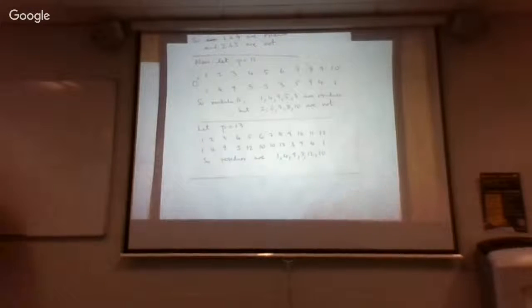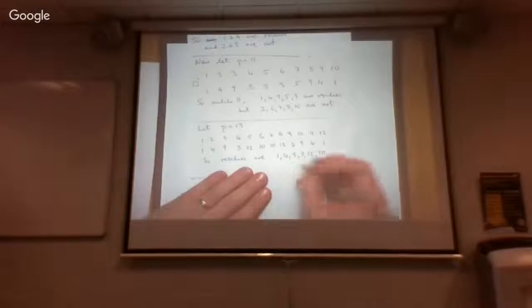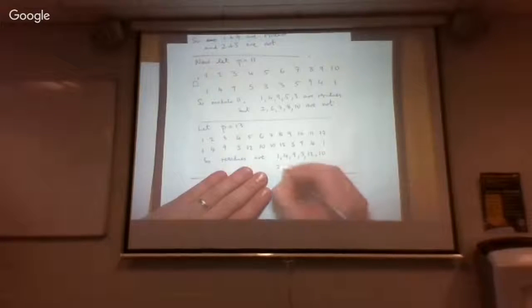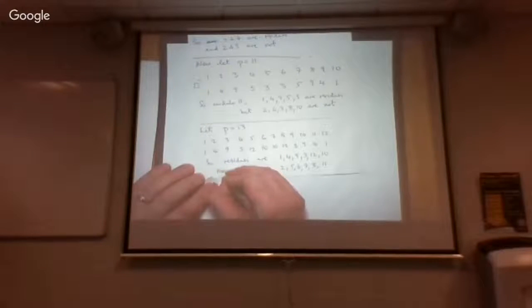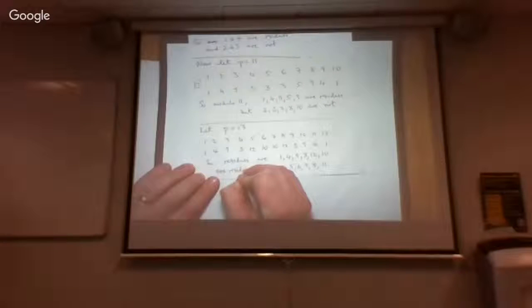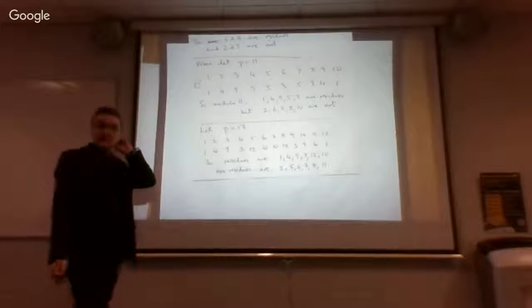Again, there's 6 of them, half of the total. And the other ones which aren't there, which is 2, 5, 6, 7, 8, and 11, are non-residues. Again, we're seeing half and half, so this split is looking pretty good.